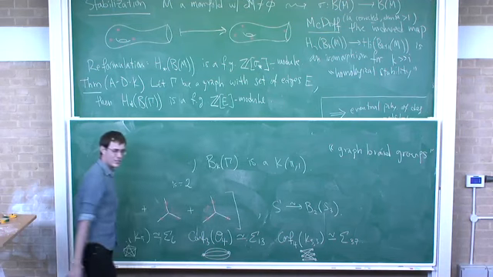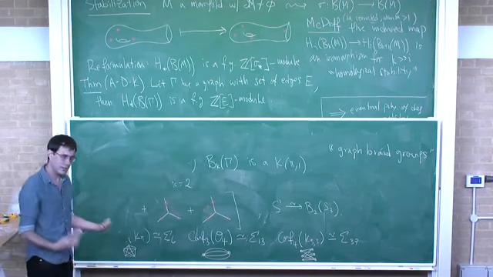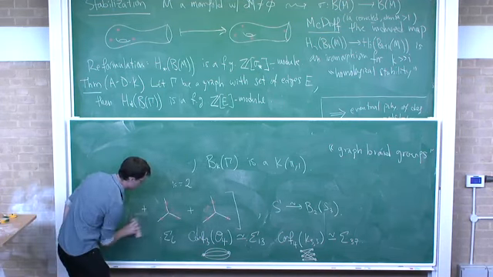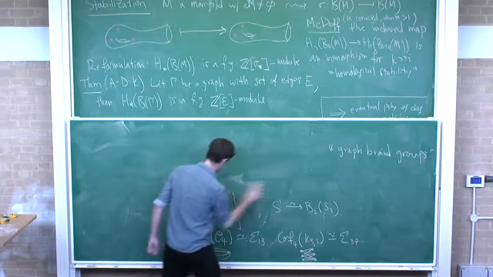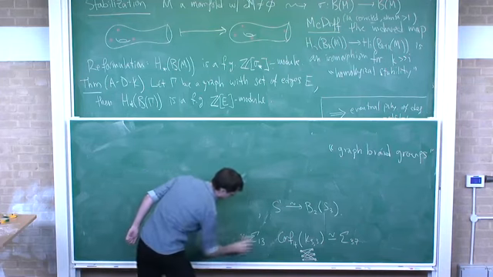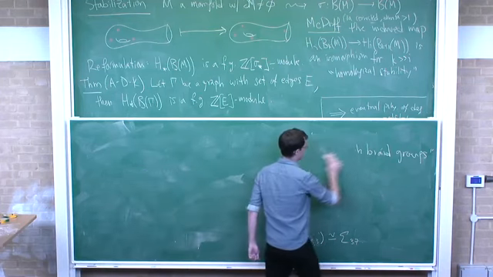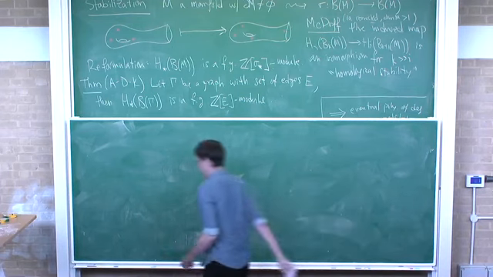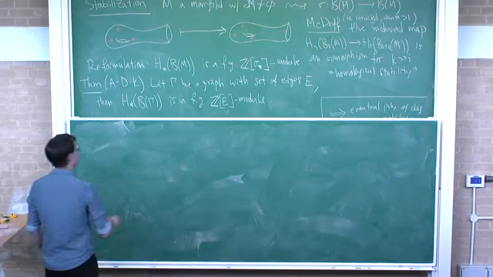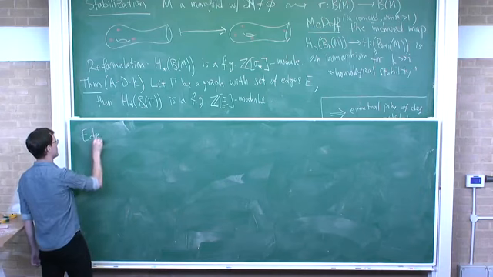But if it's an internal edge, then think about it, it might be a little hard to see how to do that continuously. Where are you going to put it? So where does the module structure come from?